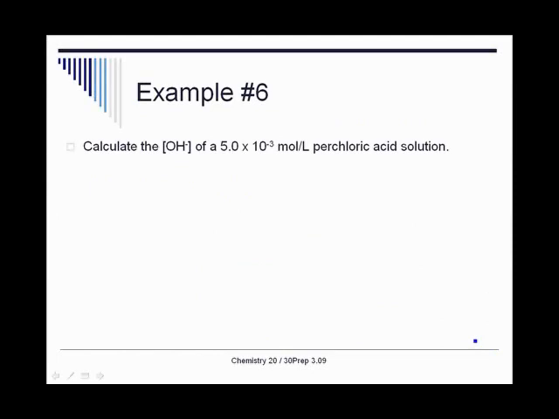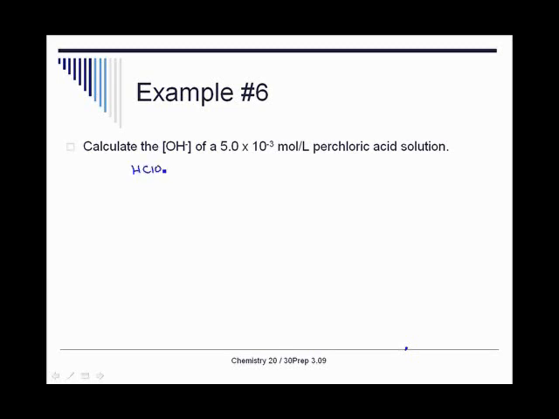So we're going to calculate the concentration of hydroxide ions for a perchloric acid solution. And now, this is where it becomes really critical to write down your equation and make sure you know what it means. So perchloric acid is a strong acid, and when it goes in water, for all of our acids, we make them react with water.